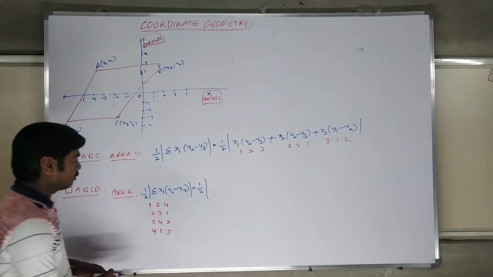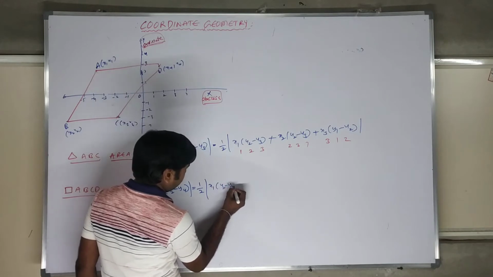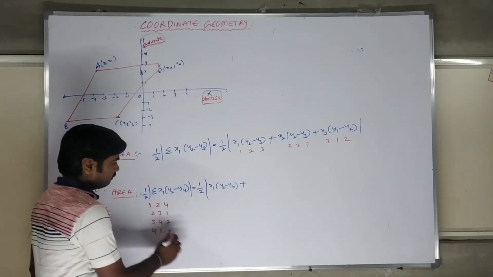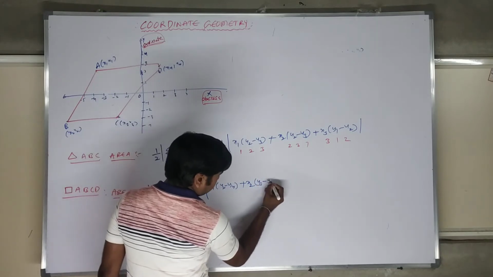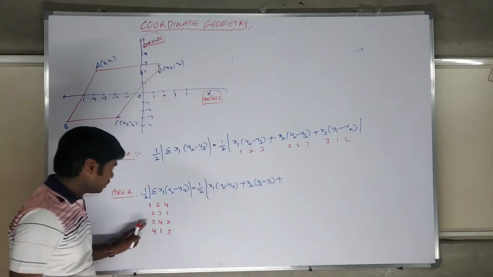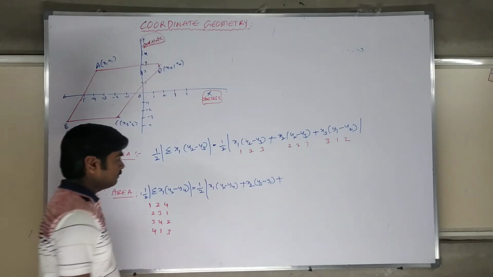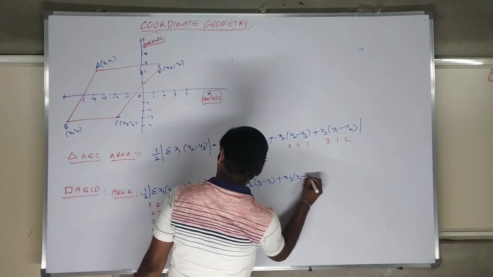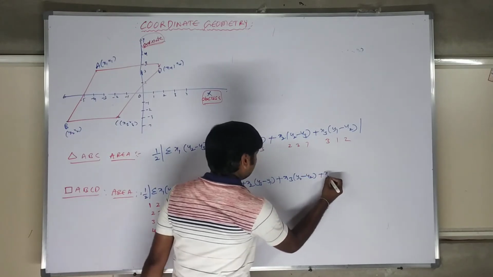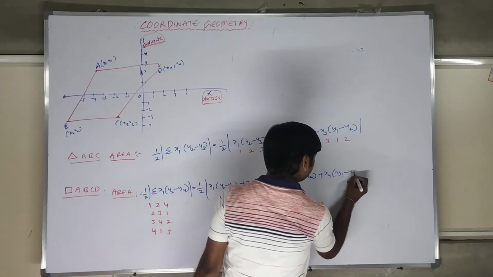The first term is x1 into (y2 minus y4). Next, x2 into (y3 minus y1). Next, for 3, 4 the one that is missing is 2, so x3 into (y4 minus y2). Next, x4 into (y1 minus y3).